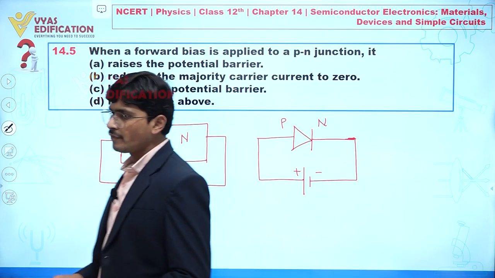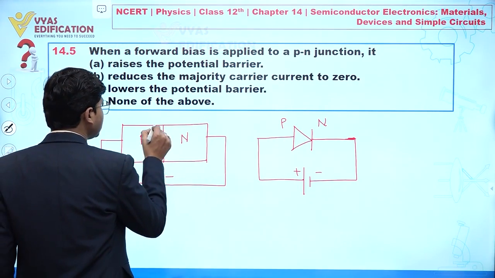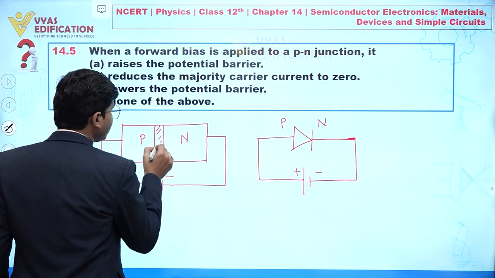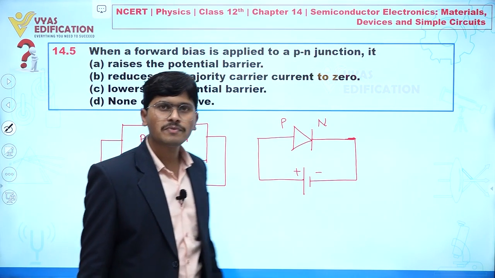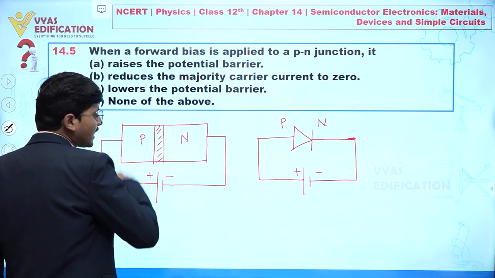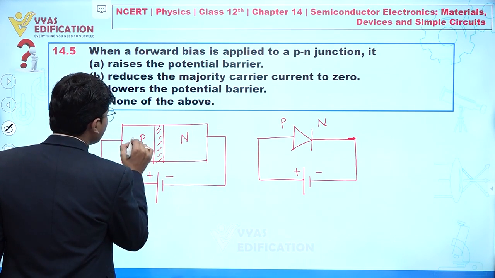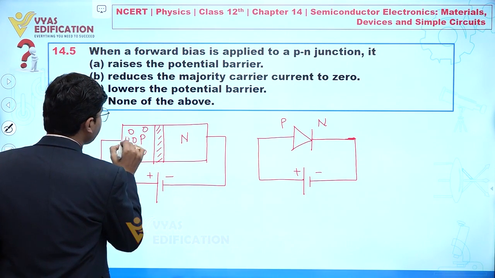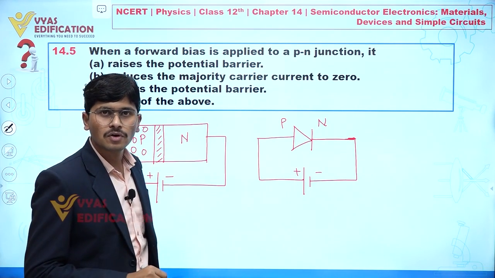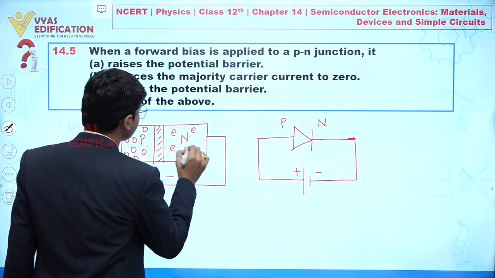Initially, whenever we are not connecting any current source, a depletion layer is formed between the p-n junction. Whenever we connect it in forward bias, in p-type semiconductor the majority charge carriers are holes, and on this side the majority charge carriers are electrons.